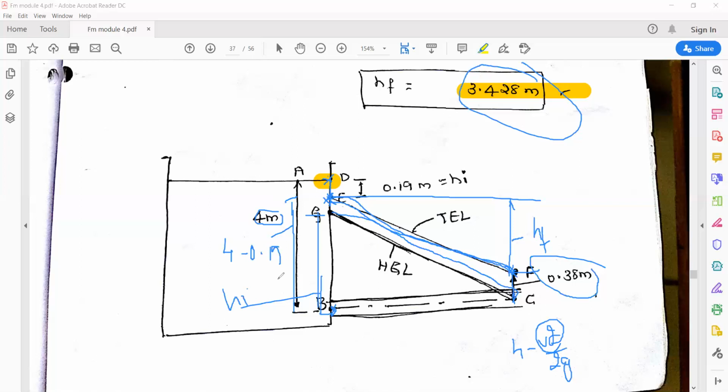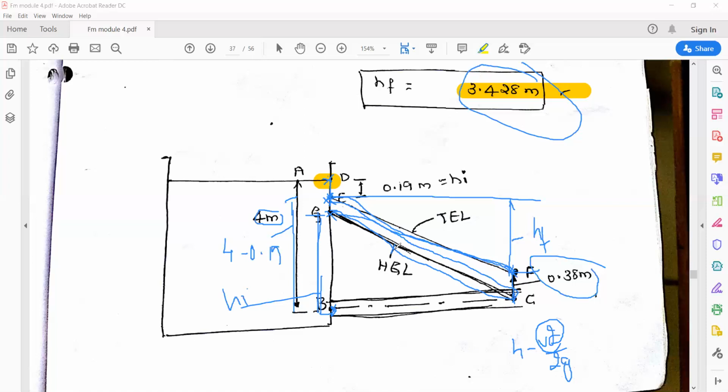That is the height you need to measure, from the pipe to G. Mark 4 minus v2 square by 2g, and you can mark point G. Once you get the point G, parallel to EF, you can draw a line till the end of the pipe. That line is called the HGL, hydraulic gradient line.